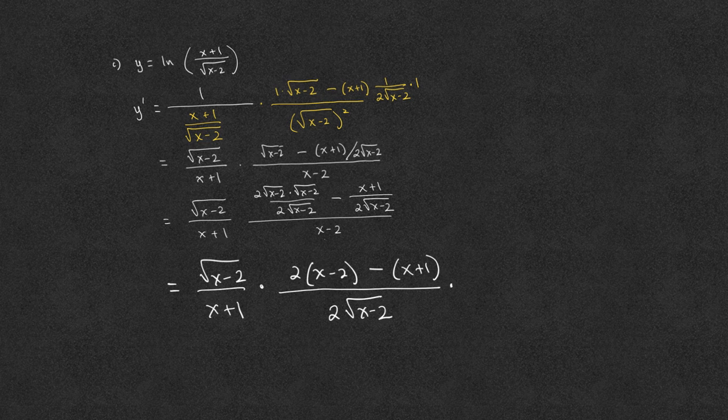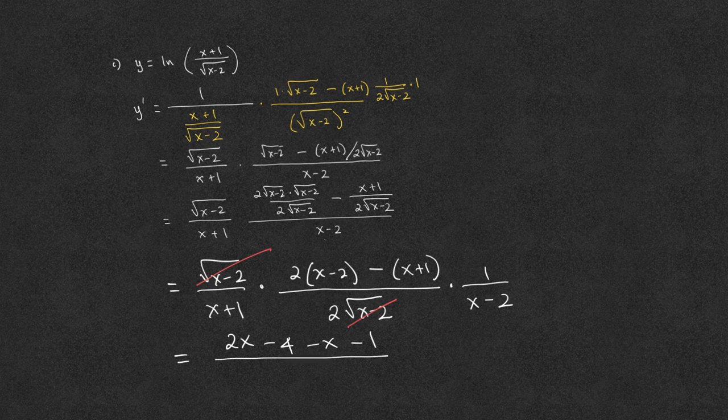And then divided by x minus 2 is the same as multiplying by the reciprocal of x minus 2, which is 1 over x minus 2. And notice that we can cancel out this radical.